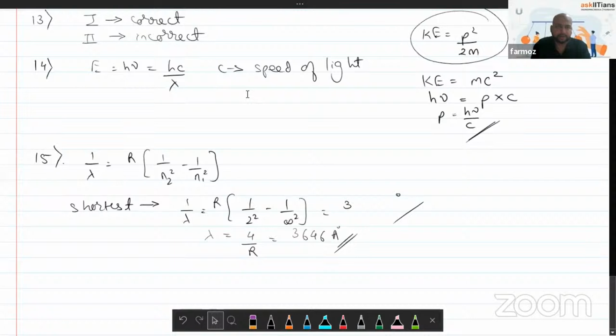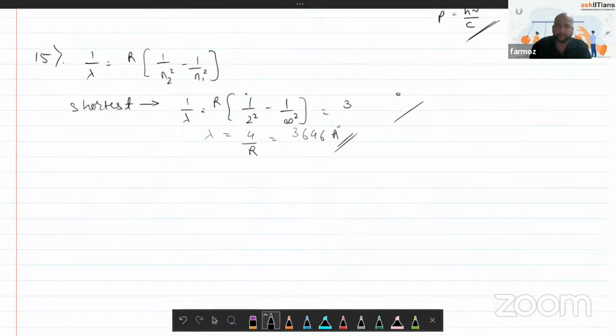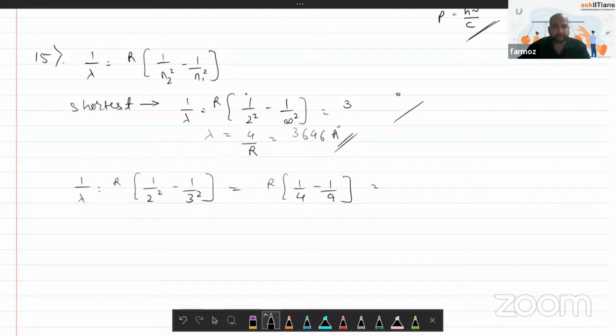So if you want to calculate the value, the first option is A: 1 upon lambda is equal to R times 1 upon 2 square minus 1 upon 3 square. So technically that becomes R times 1 by 4 minus 1 by 9. If you take an LCM over here, this becomes R into 5 by 36, or lambda is 36 upon 5R. Clear?